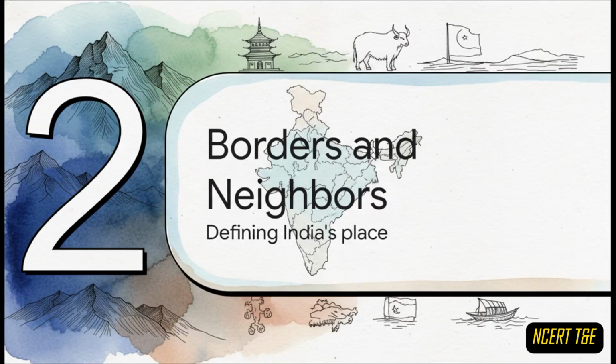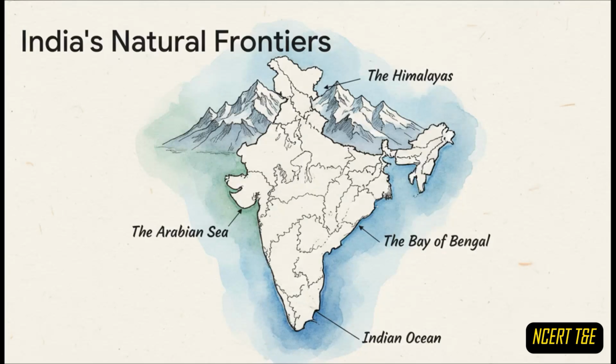Okay, so we've got a sense of the internal scale. Let's zoom out now and see how India fits into the world by looking at its natural borders and, of course, its neighbors. And you can see right away how geography just defines this country. I mean, India is hugged by some absolutely epic natural frontiers.